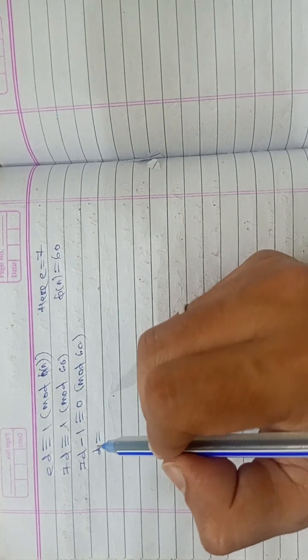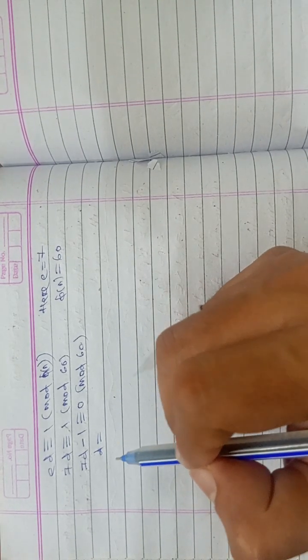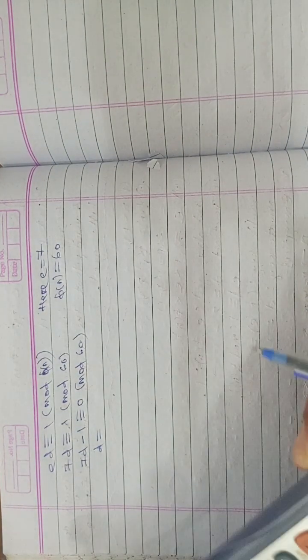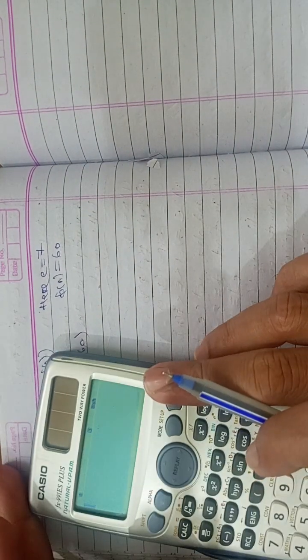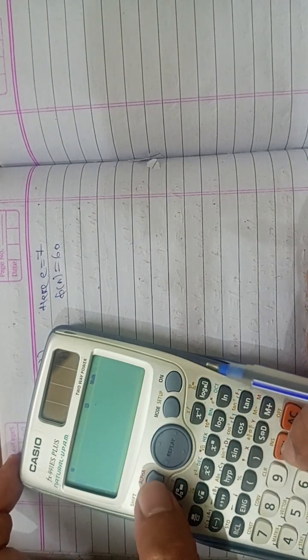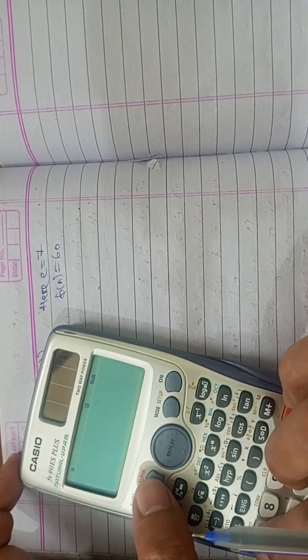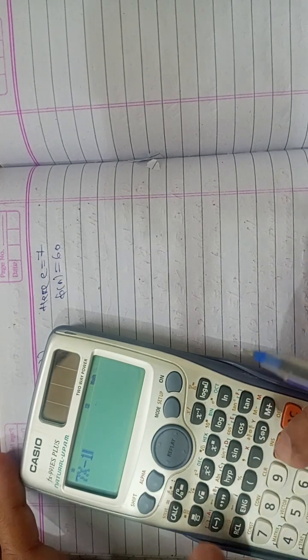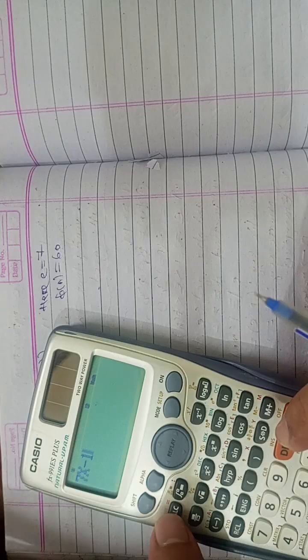We can use the calculator for that. Let's try how we can do that. Let's take 7x minus 1, then press calc.